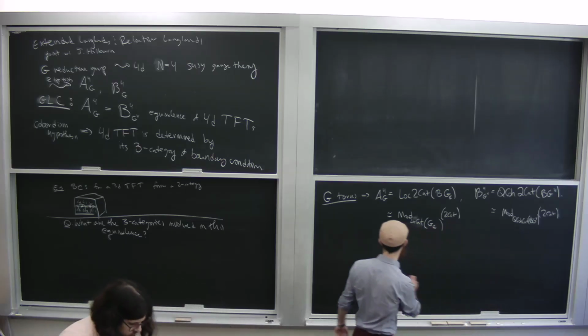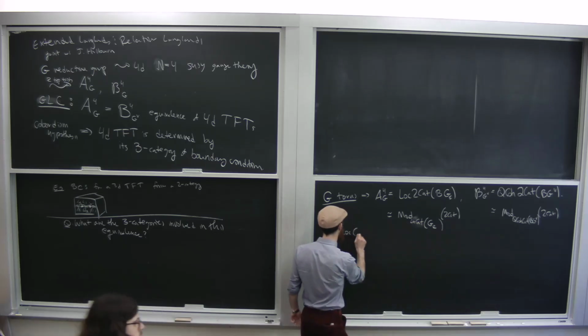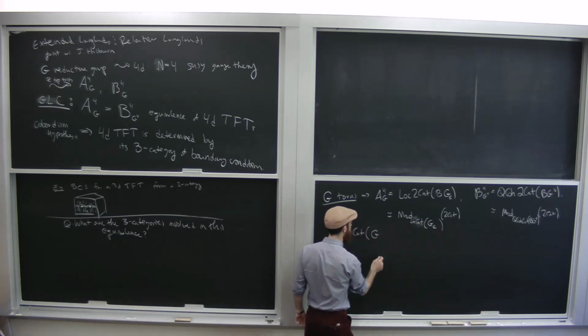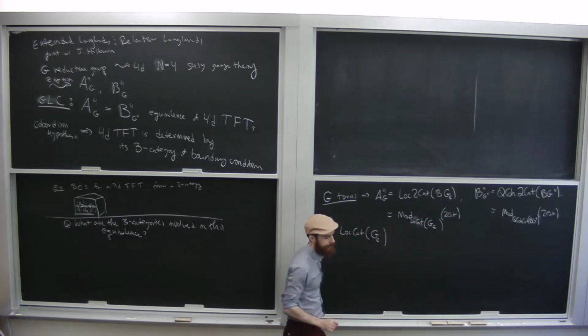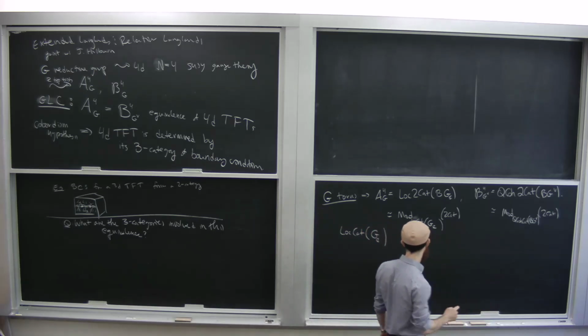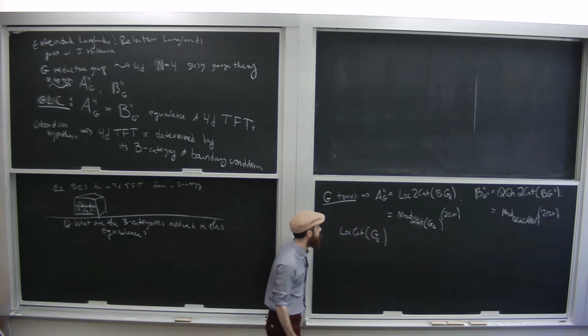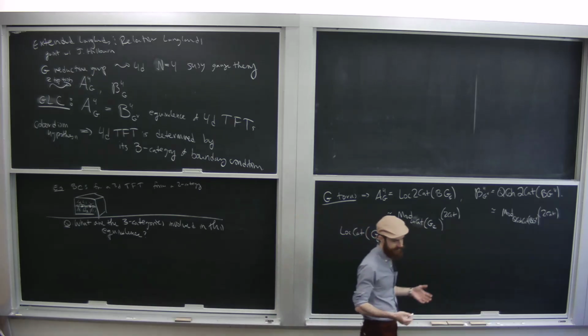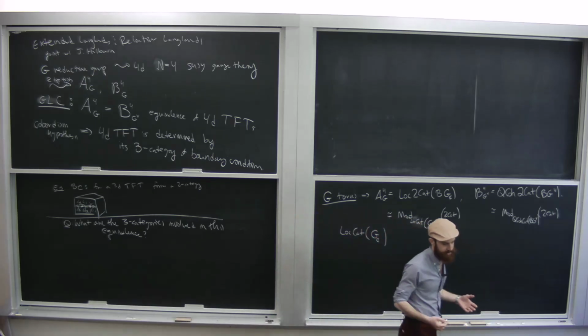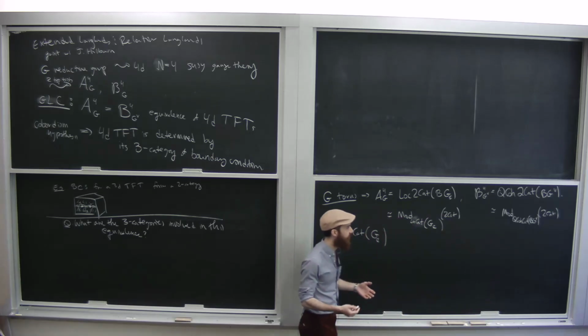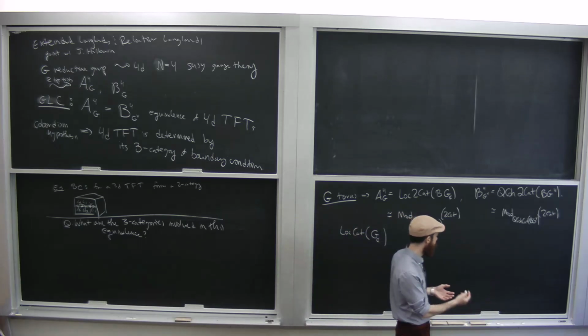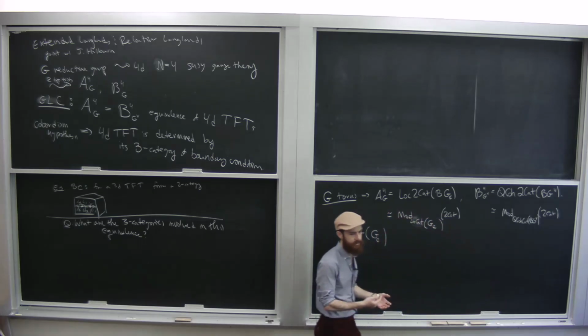And so what is local systems of categories on G? Well, G is a torus. Let's just for a second think about the case where G is a one-dimensional torus. A one-dimensional torus, C star, is homotopy equivalent to S1, which is a K pi 1.